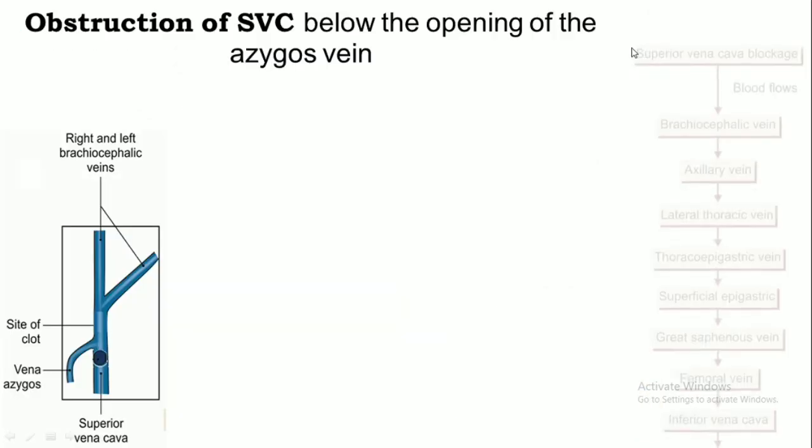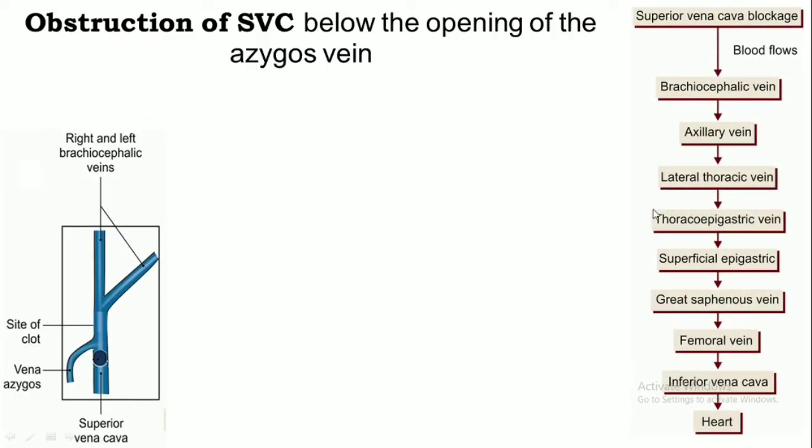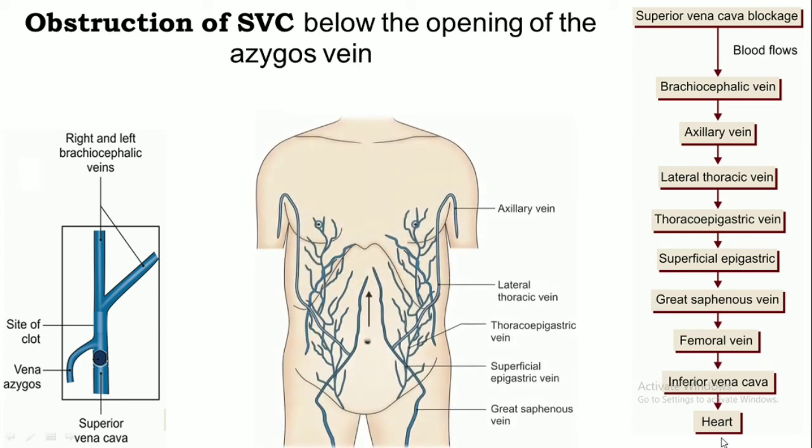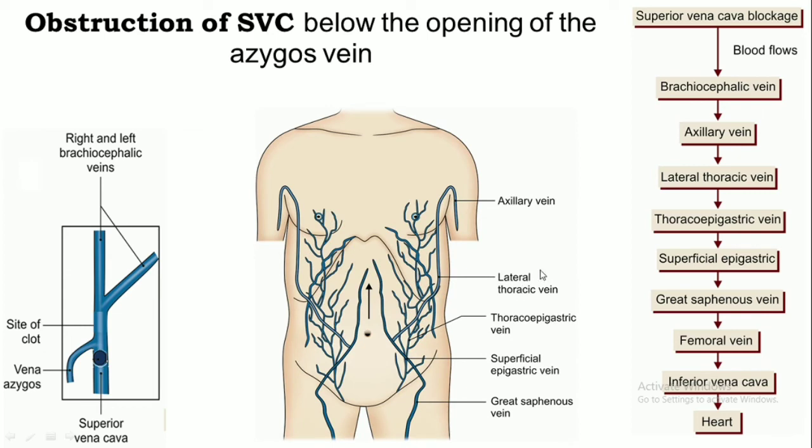So the thoracoepigastric vein opens into the superficial epigastric vein, then the great saphenous vein, femoral vein, inferior vena cava and the heart. This is the lateral thoracic vein.